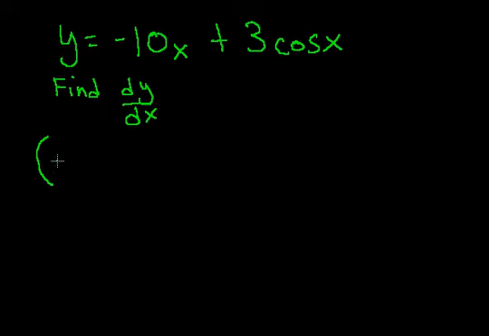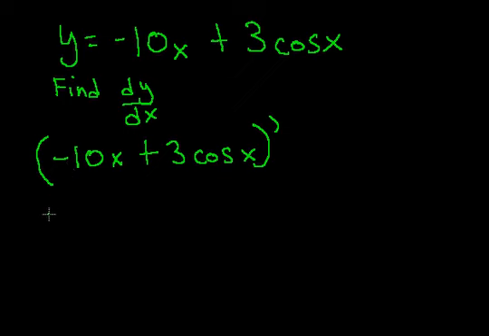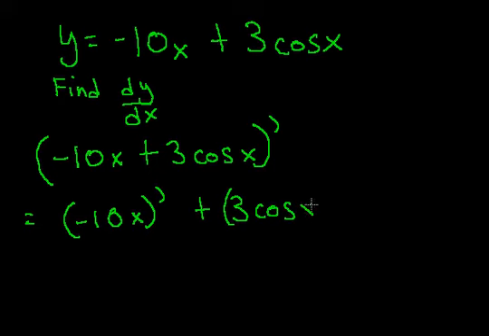So, just like we did before, we'll find the derivative of negative 10x plus 3 times the cosine of x. The first thing we should do is use the sum rule to break this down and do one term at a time. So this is the same as saying negative 10x prime plus 3 times the cosine of x prime.